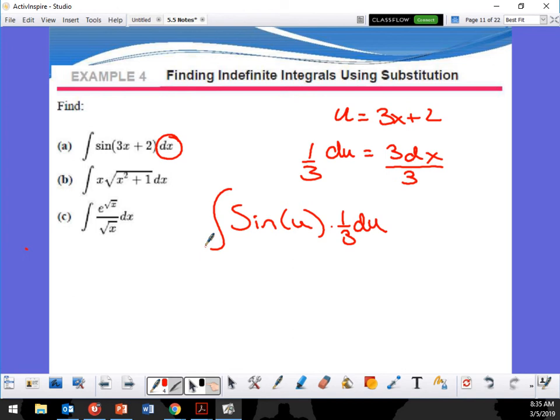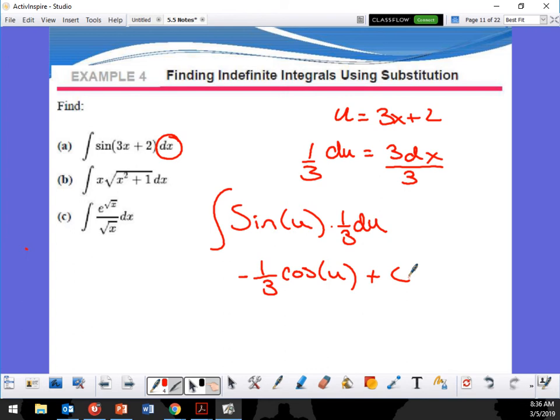So it's going to be negative, how much? 1/3 cosine of u plus c, right? Okay, so now I have done the integration. What do I do now?